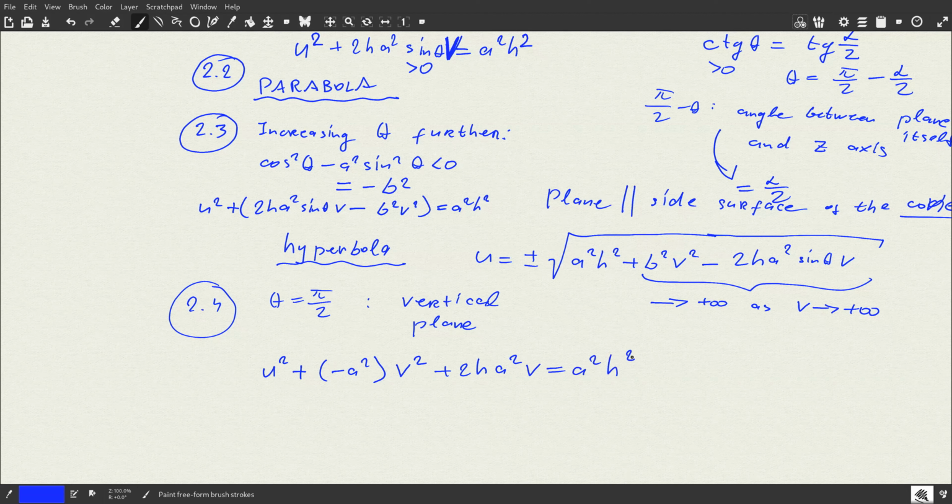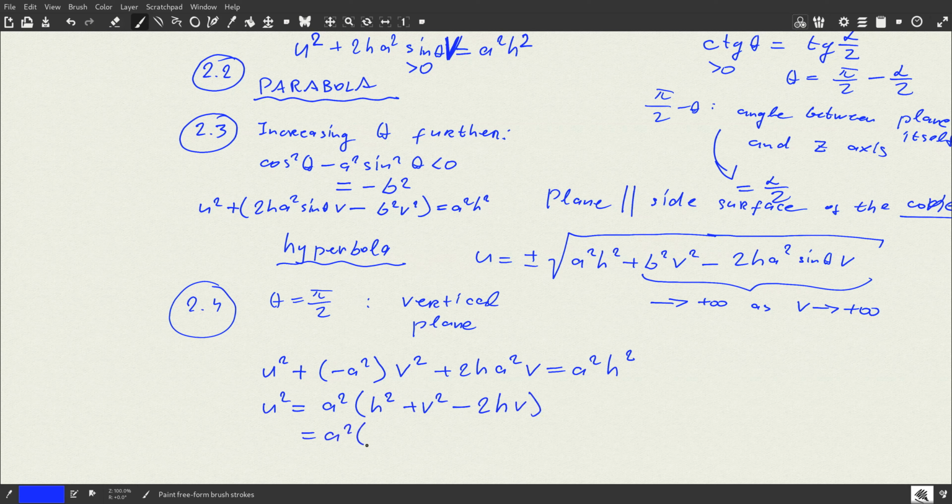Or u squared equals a squared times h squared plus v squared minus 2hv, which is obviously a squared times (v minus h) squared.